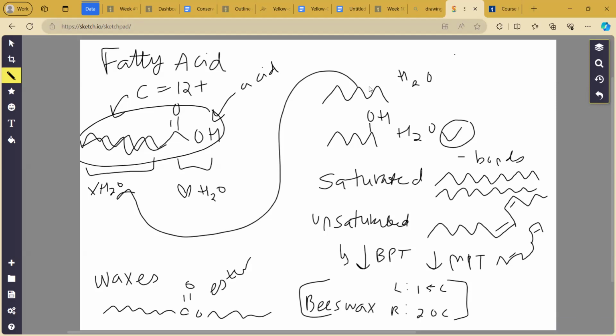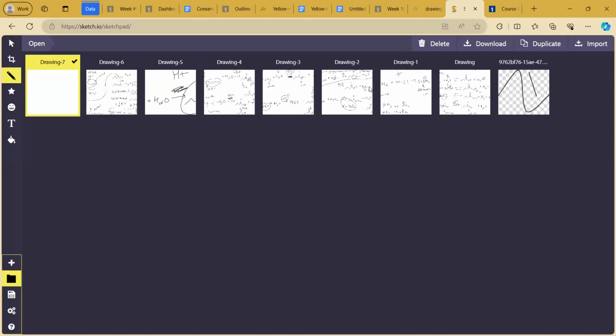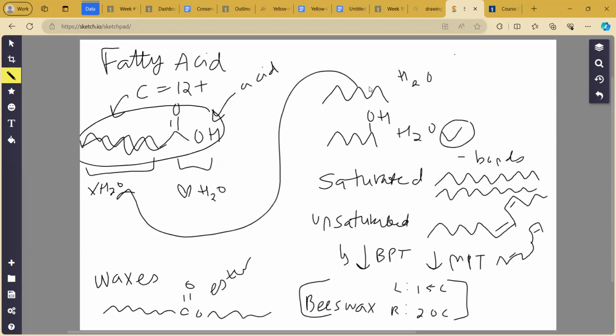Does anyone have any questions about these? Quick question. Was that a double bonded oxygen on a carbon and oxygen? Let me find it. It's the wax, this right here.